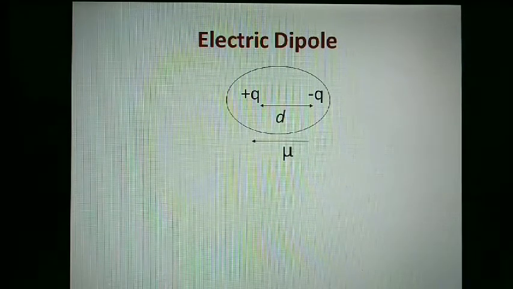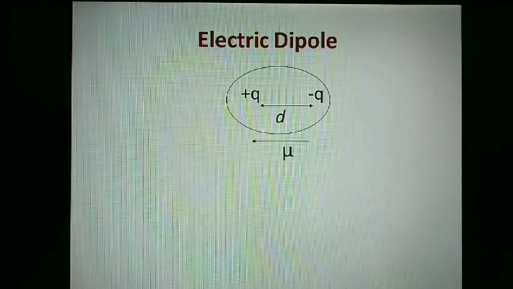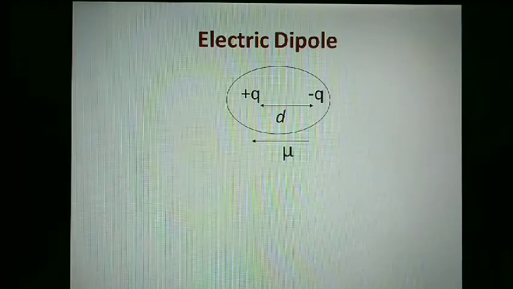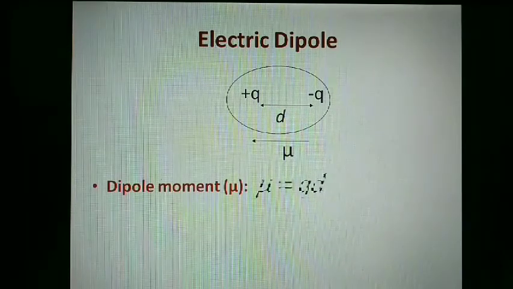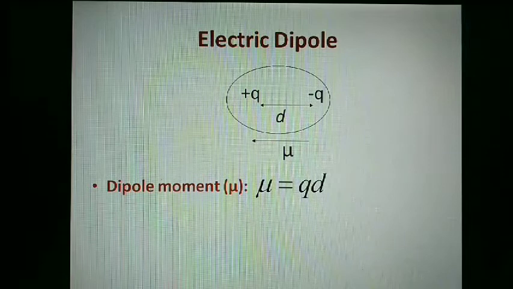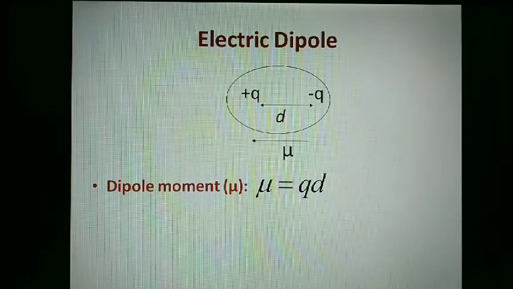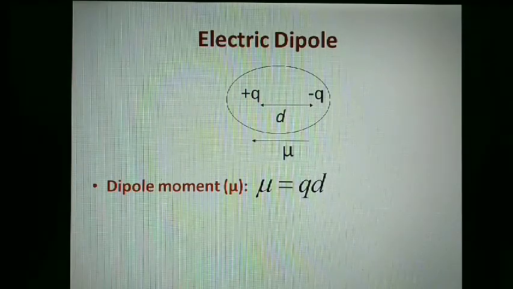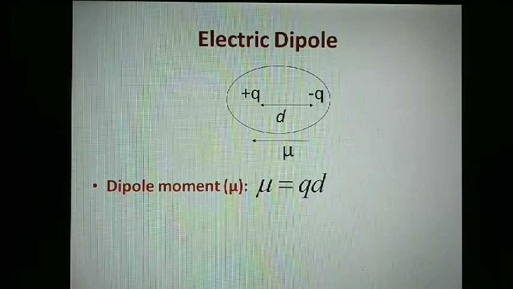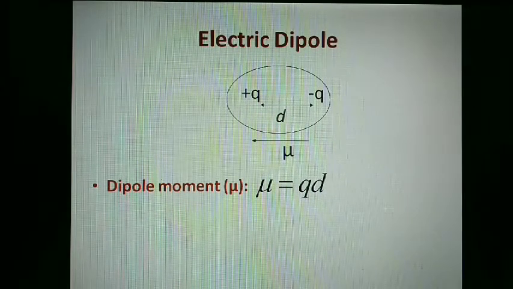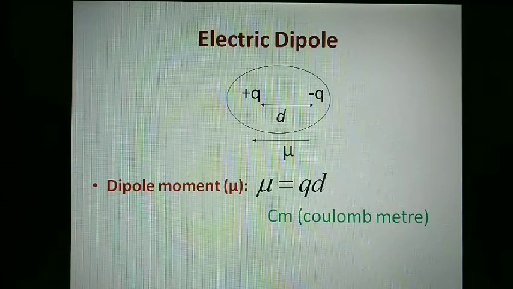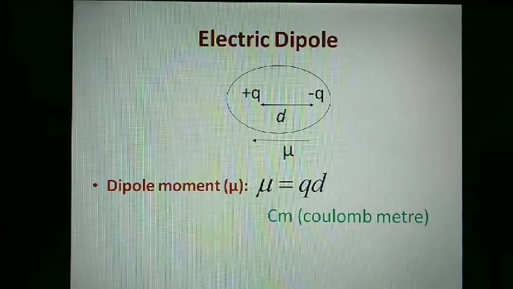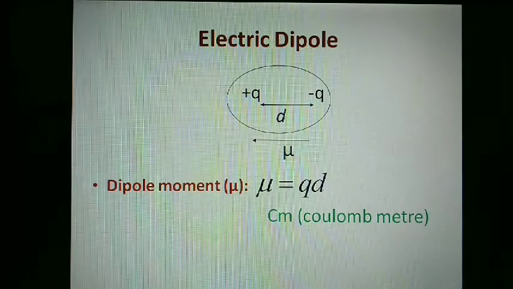Now this dipole is said to have a dipole moment mu, which is defined as the product of the magnitude of any one of the two charges and the distance between the two charges in the dipole. And the unit used to measure this dipole moment is the Coulomb meter.